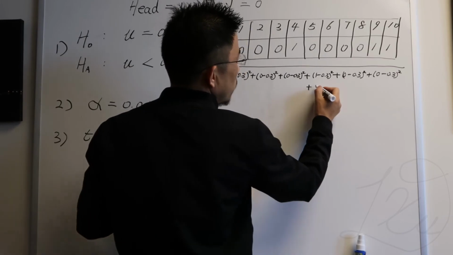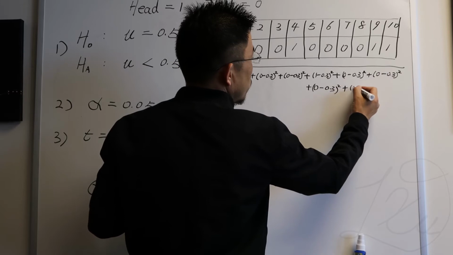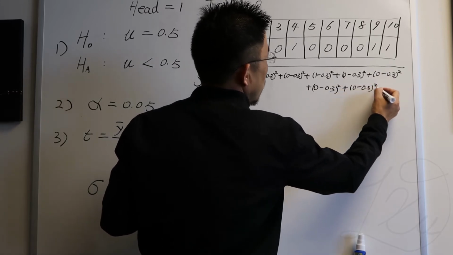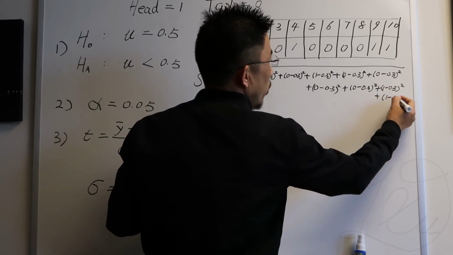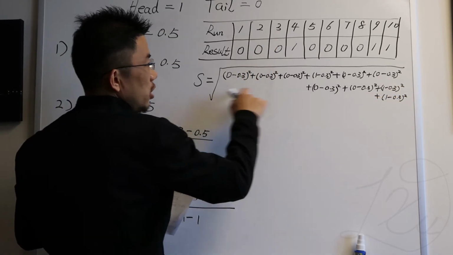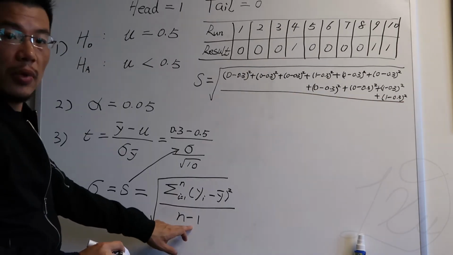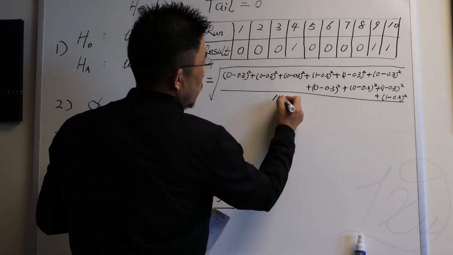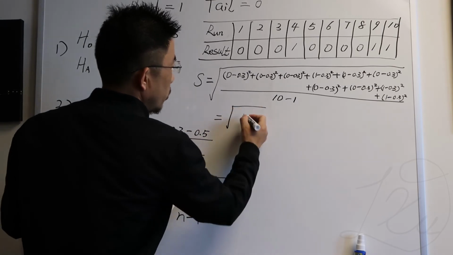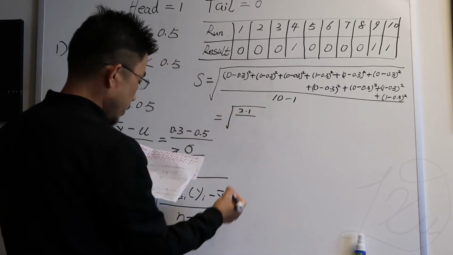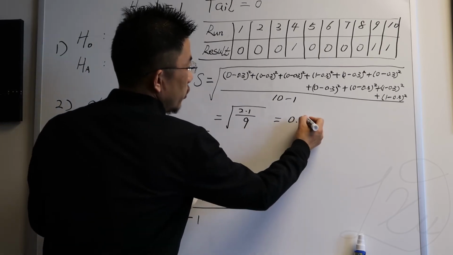And seventh value, 0 minus 0.3 squared. The eighth value, 0 minus 0.3 squared. The ninth value, 1 minus 0.3 squared. And the last value, 1 minus 0.3 squared. This whole part divided by sample size minus 1, that's 10 minus 1. If we do the calculation, it equals the square root of 2.1 divided by 9. And the end result is 0.483.